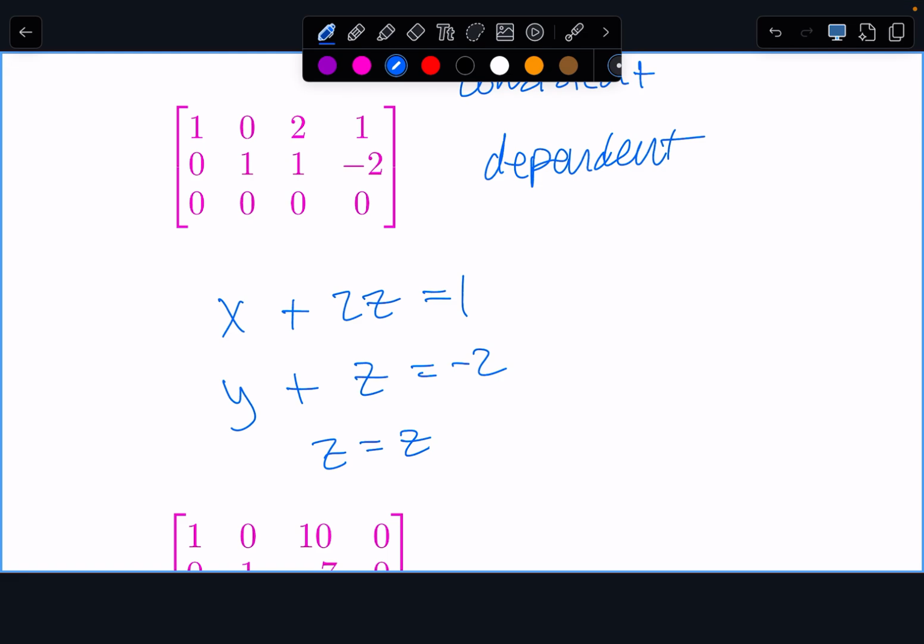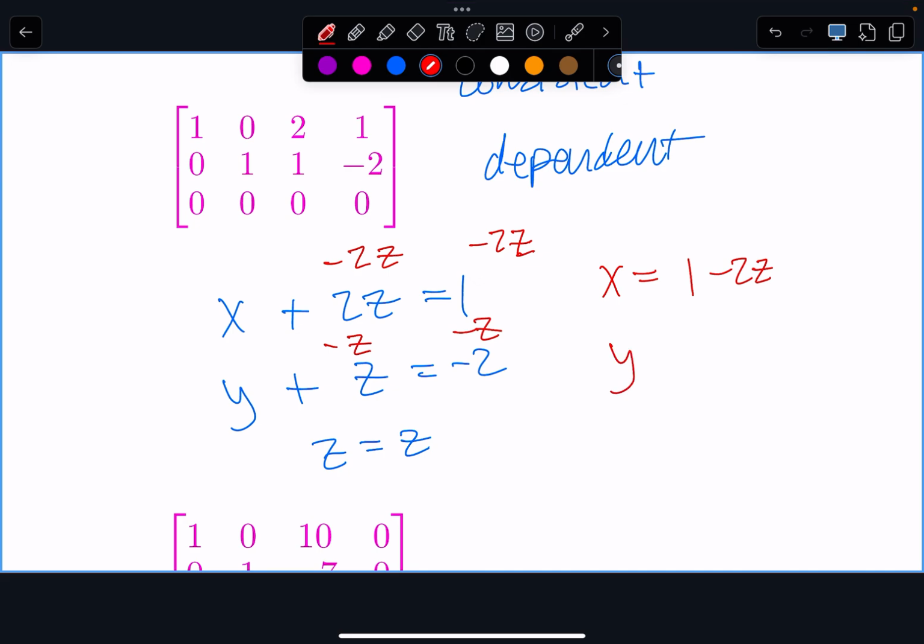So you would minus 2z from both sides. So x equals 1 minus 2z. And you would minus z from both sides. So y equals negative 2 minus z. And then z equals z.